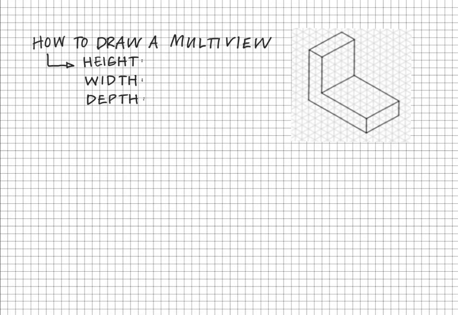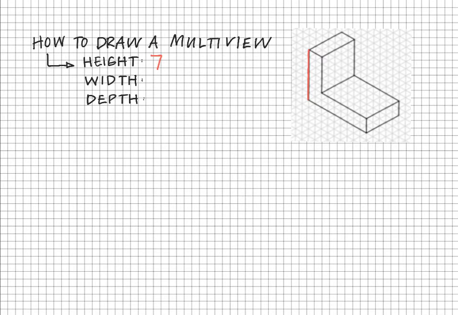So when I'm inspecting the isometric, some of the first things I want to look at are the overall height, width, and depth. If I'm looking at the overall height, or the distance from top to bottom, the overall height is 1, 2, 3, 4, 5, 6, 7 units.